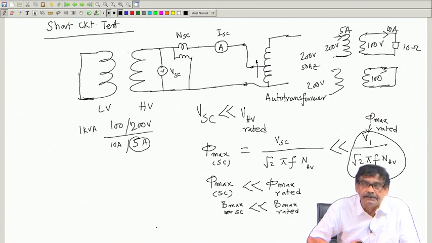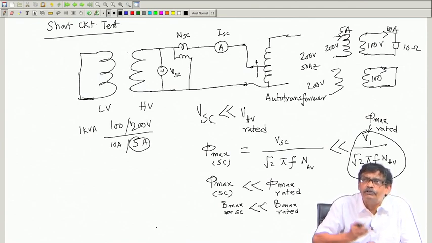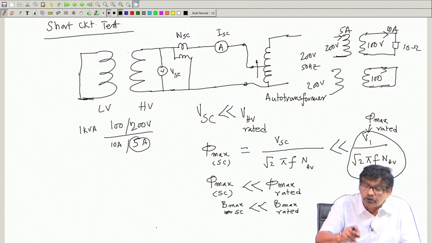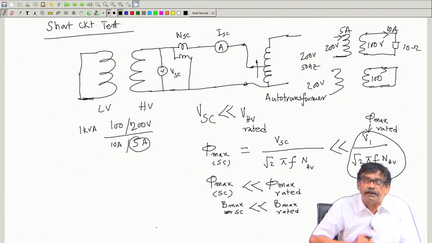If that be the case, a very little amount of flux will be produced inside the core of the transformer under short circuit test, although the current in the windings will be rated values. So, an interesting situation.